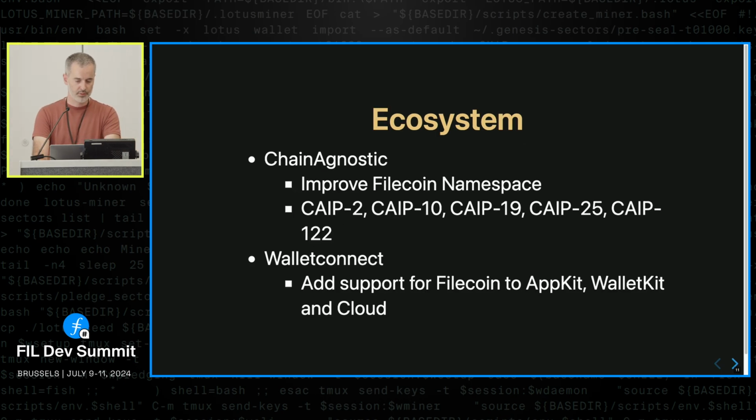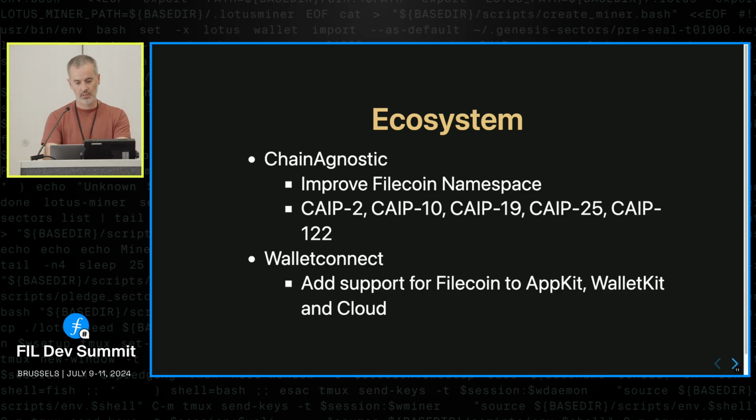So some other work, besides MetaMask and Snaps, around the ecosystem is to improve the current situation of Filecoin. This is going to start with the chain agnostic work. We need to improve the Filecoin namespace and all these chain agnostic CAIPs. They're outdated or non-existent at this point, and this impacts a bunch of other tools that rely on those to support blockchains.